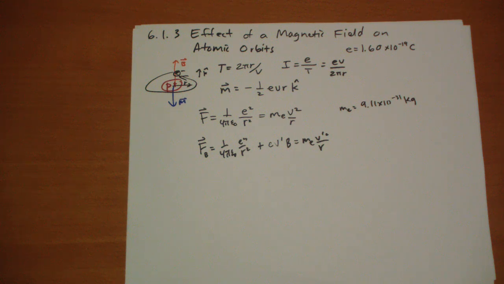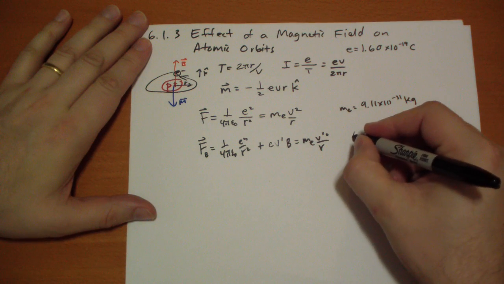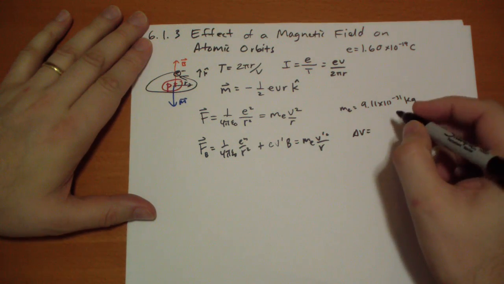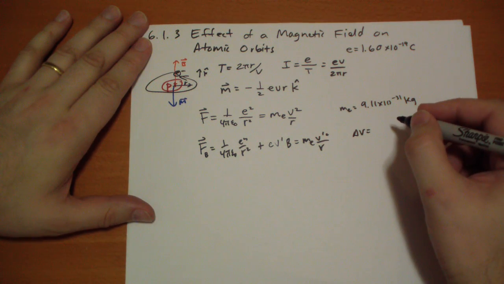So we make the assumption that the velocity doesn't change that much. So delta V is equal to the new velocity minus the old velocity.